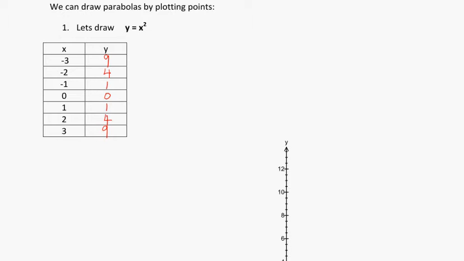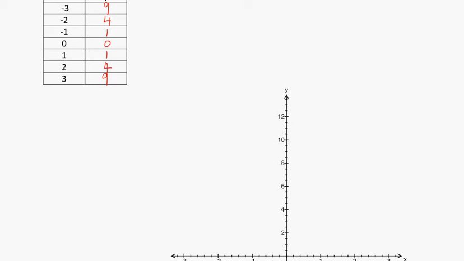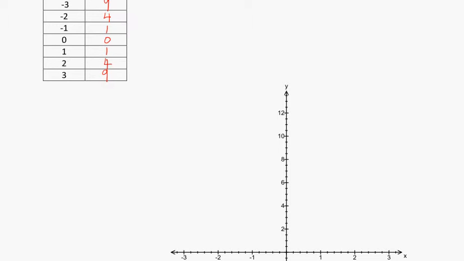Okay, let's plot these points on the graph. Now we'll move it down so we can see the graph, and we can just fit it in. So let's start with these pairs, which make a coordinate pair. When x is negative 3 down here and y is 9 here, we're going to put a cross.